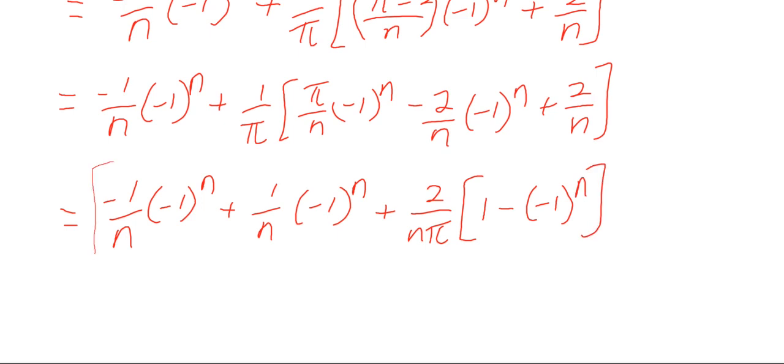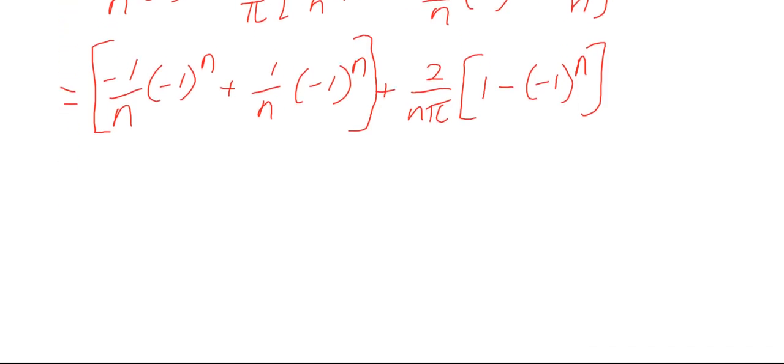So I have these two terms, and these two terms will add up to 0. Then I have this one. This quantity here will give me a value of 2 when n is odd and 0 when n is even.